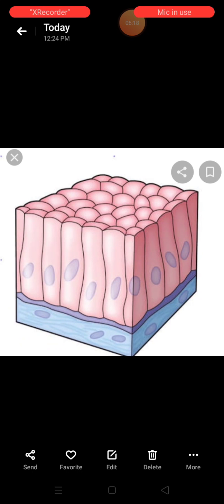Next one is again the blue or base layer, which is called the basement membrane, and the cell will be columnar epithelium, and it is most abundantly present on the surface of the small intestine.